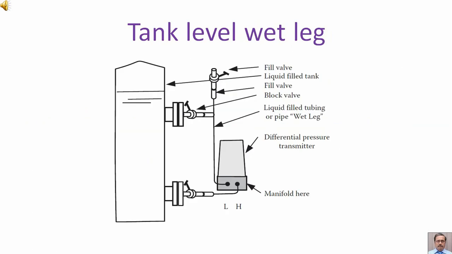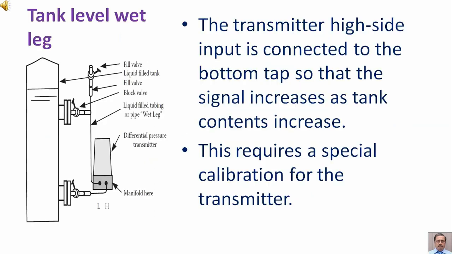Tank level wet leg. The transmitter high side input is connected to the bottom tap so that the signal increases as tank contents increase. This requires a special calibration for the transmitter.